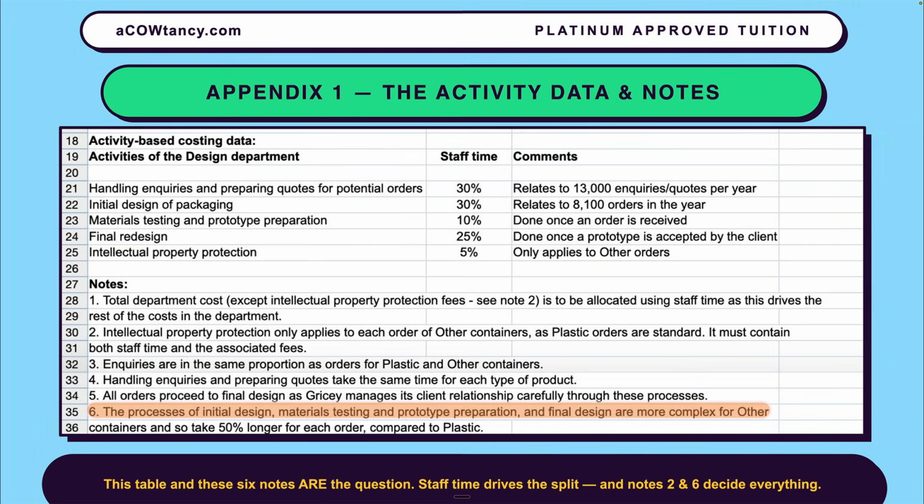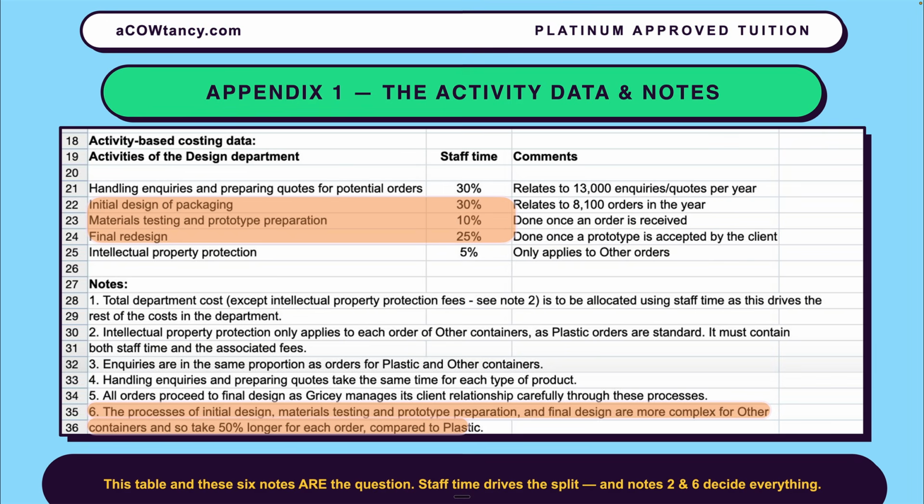Then it says the processes of initial design, material testing, prototype testing and final design are more complex for other containers and so take 50% longer for each order compared to plastic. So those three there are actually 50% more for other than for plastic.